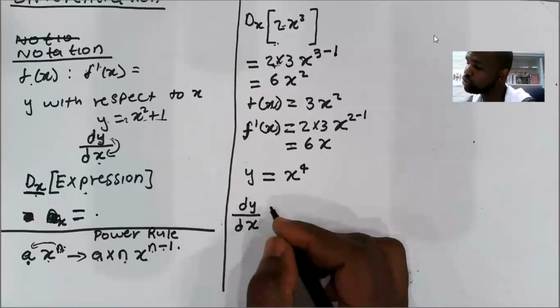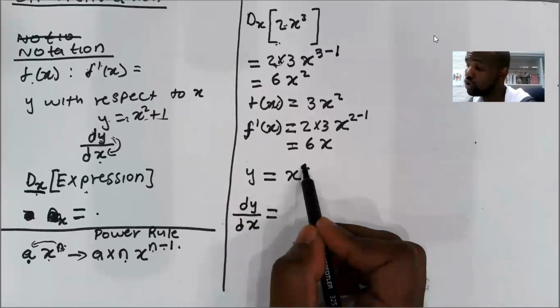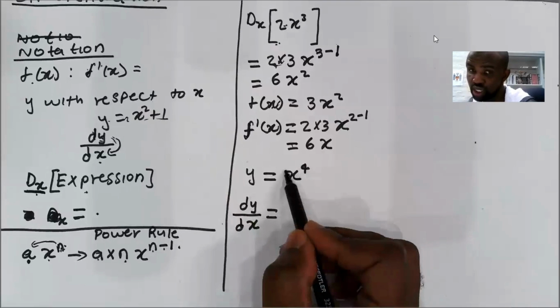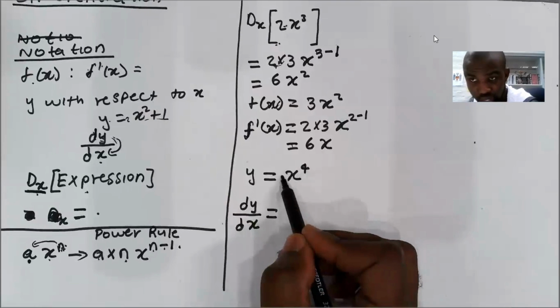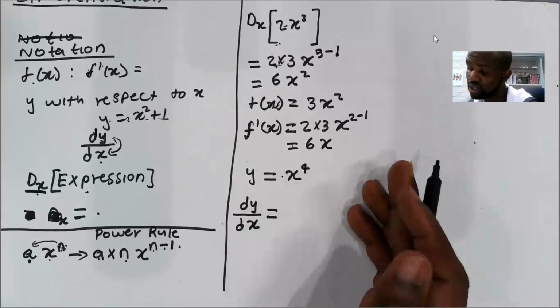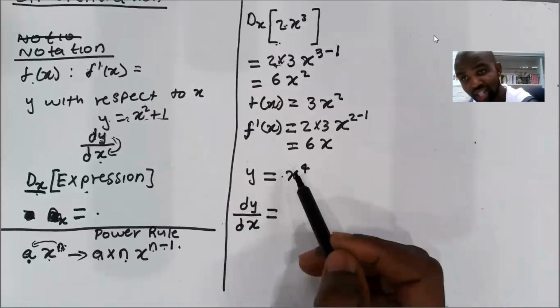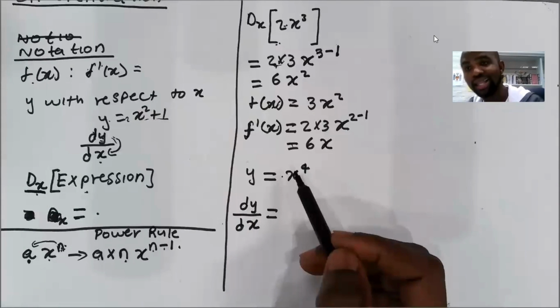So equal to, now we're going to say this 4, now we are deriving this 4 times the coefficient which is here. As you see, there is no number here, but there is always a number here, which is 1 if there is no number. If it were 0, they would put 0.